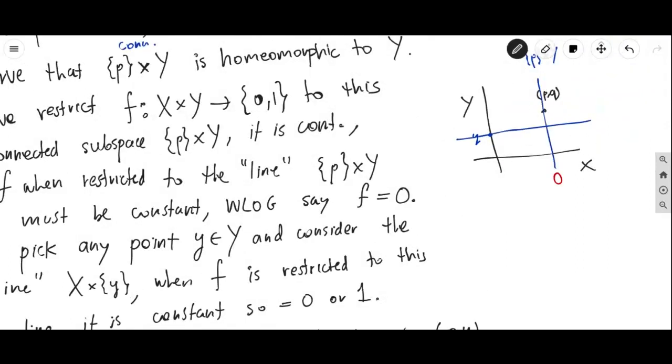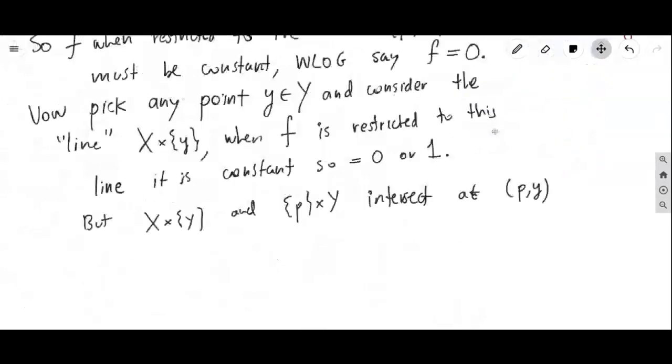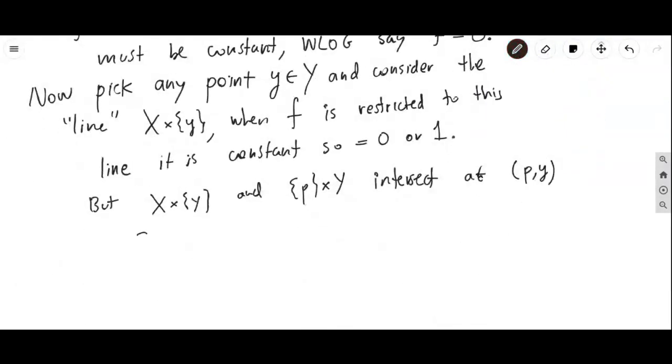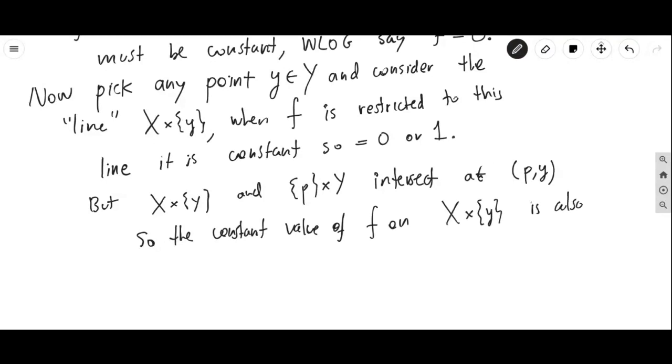So this is some constant, either 0 or 1. But then this is another constant, which said it has to be 0. So it has to be 0 on this line as well, right? They intersect, so it has to be the same. So the constant value of f on this line is also equal to 0.